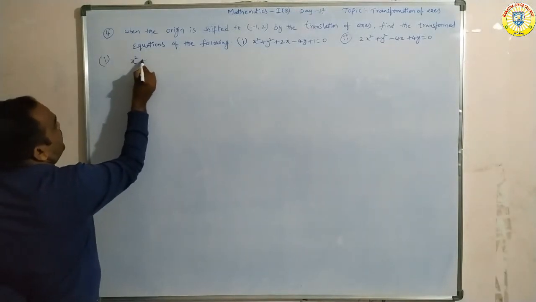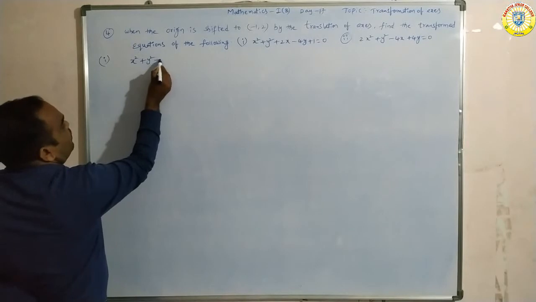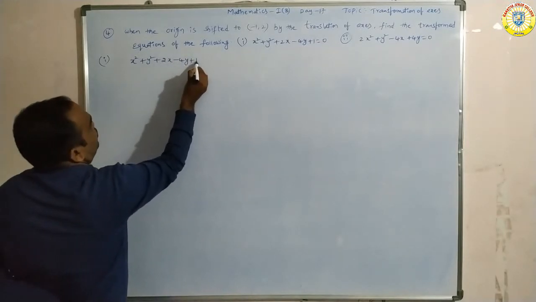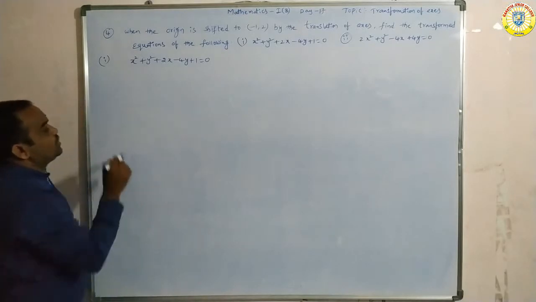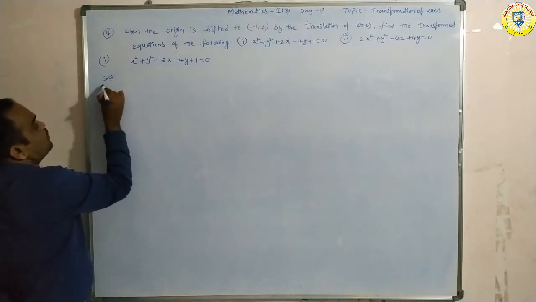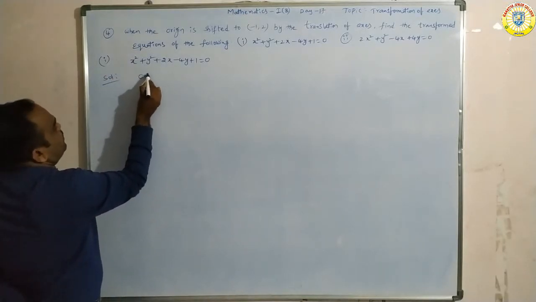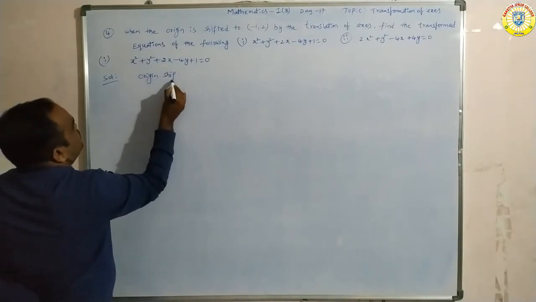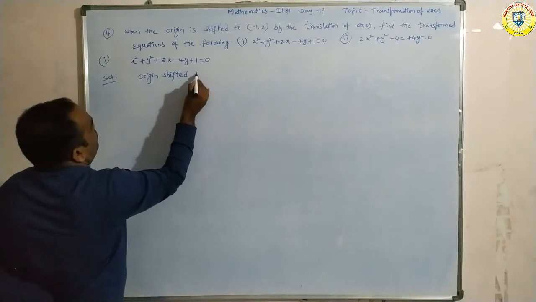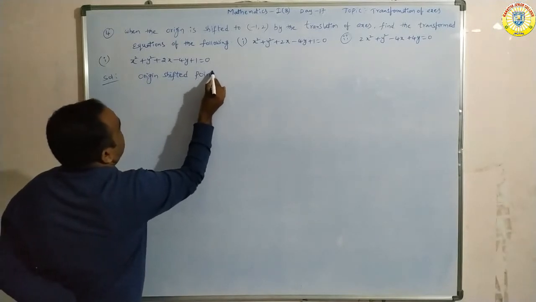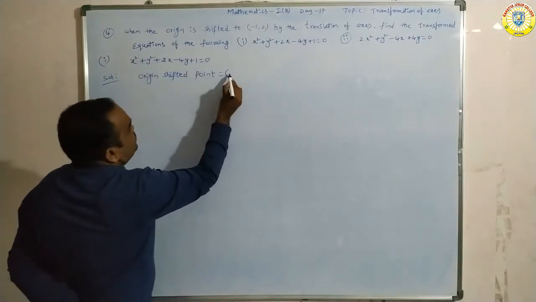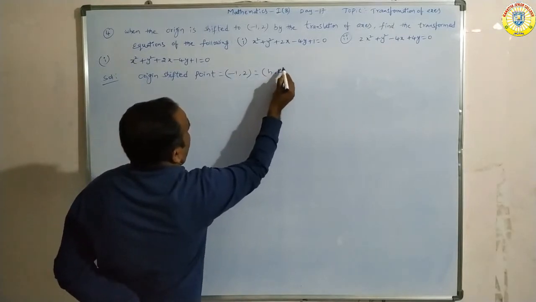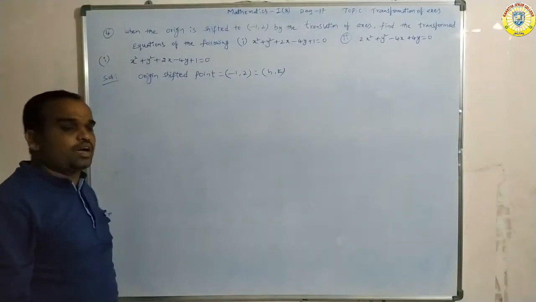x square plus y square plus 2x minus 4y plus 1 equal to 0. See the solution here. First, the origin shifted point. Where is the origin shifted point, sir? (-1, 2). That is nothing but (h, k).